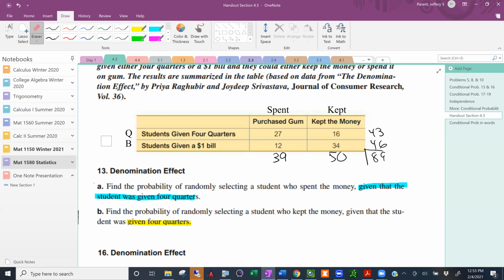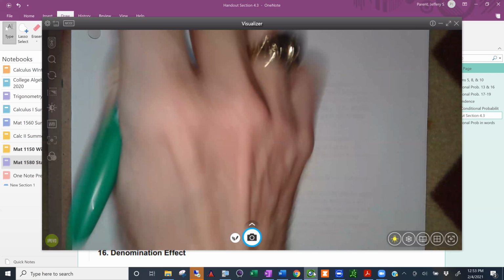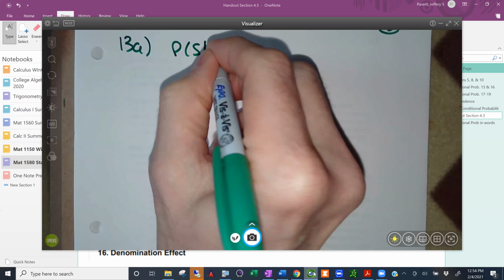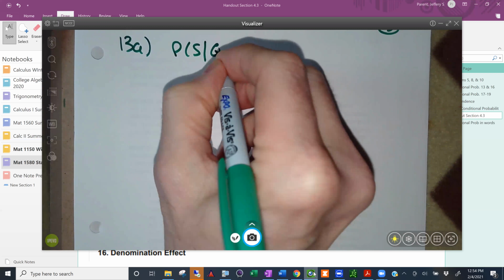We want the probability that they spent the money, that's event S up here, given that they received 4 quarters, so given Q. Notation-wise, it's going to look like this: the probability that they spent the money given that they received 4 quarters.